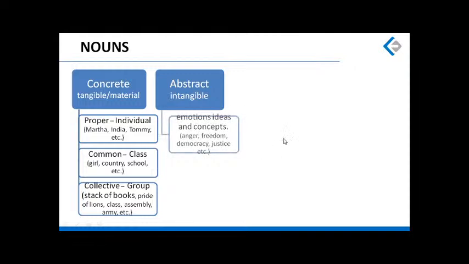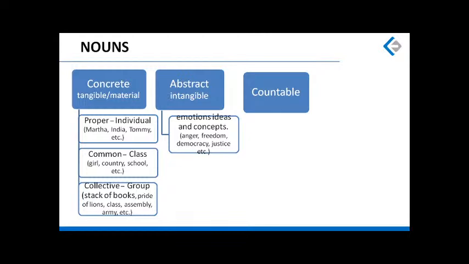So concrete nouns. Then you come to abstract nouns: emotions, ideas, concepts, the kind of things which you might be able to feel, you might be able to see, but you cannot define the beginning and end of it. Those are my abstract nouns. So I gave you count nouns, names of numbers, and then there are nouns that can be counted.